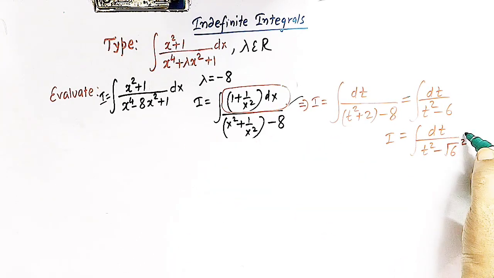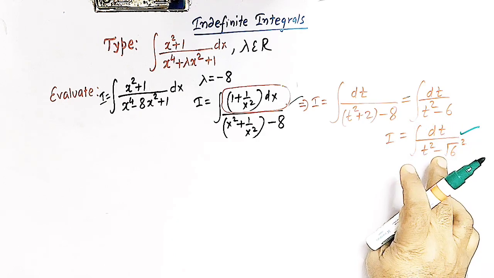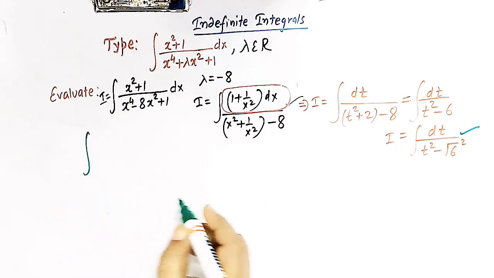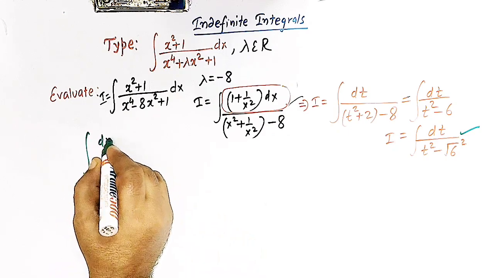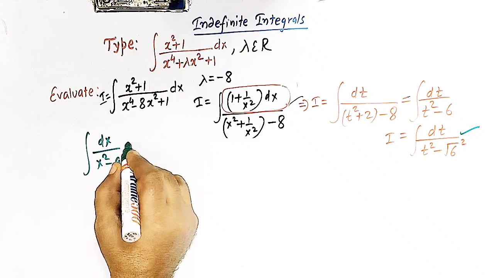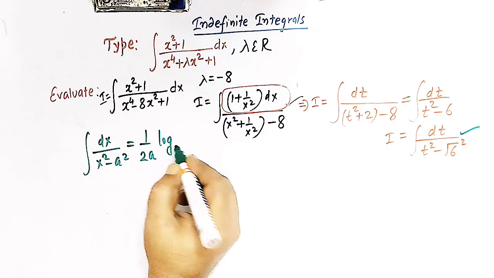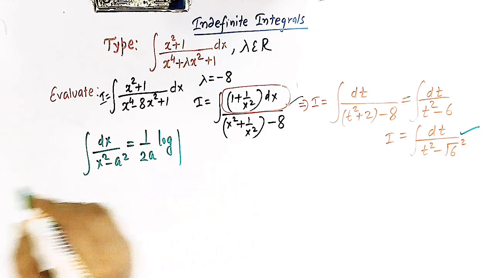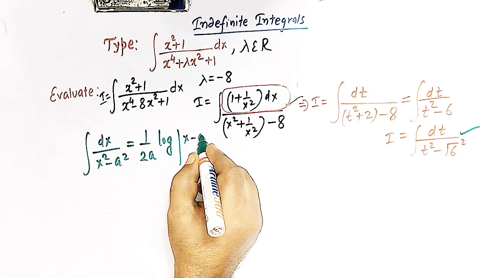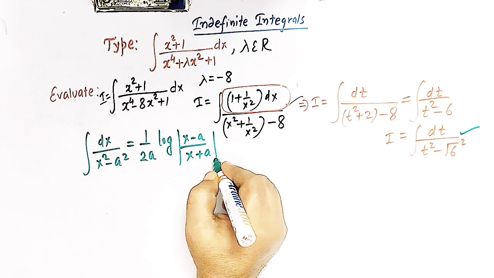So now we can easily find the indefinite integral of this expression, because here we have a direct result, that is integral dx over x square minus a square, and this is equal to 1 over 2a times the natural log of the absolute value of x minus a over x plus a, right?